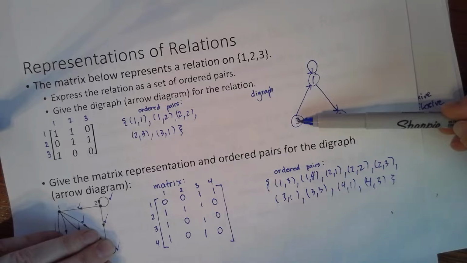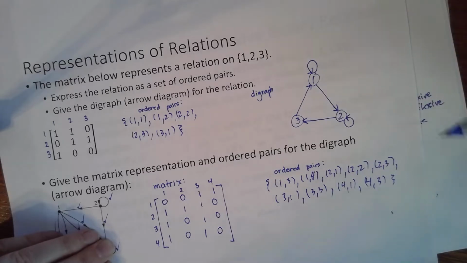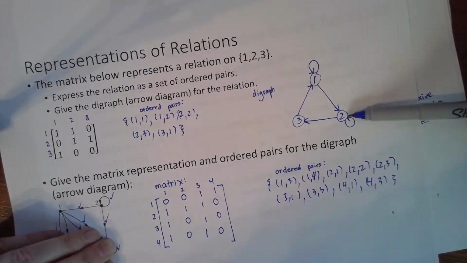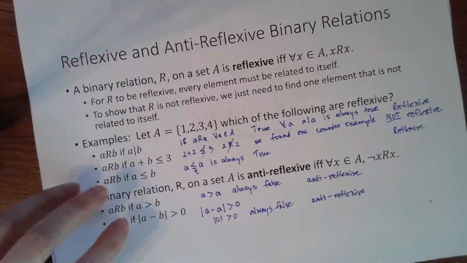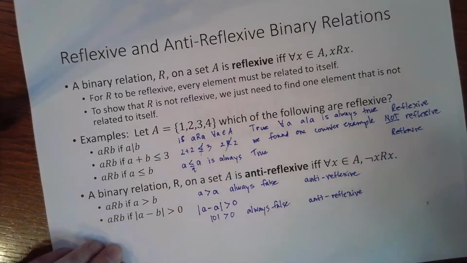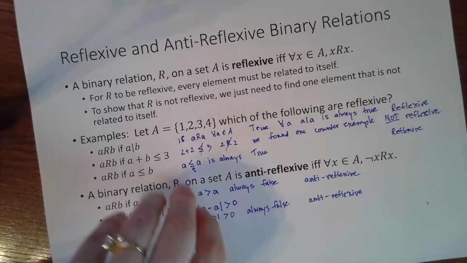Does that mean it's anti-reflexive? No. To be anti-reflexive, we can't have any element related to itself, but we do: 1 is related to 1 and 2 is related to 2. So it's not anti-reflexive either. It can be neither. It just can't be both at the same time. So that is reflexive and anti-reflexive.